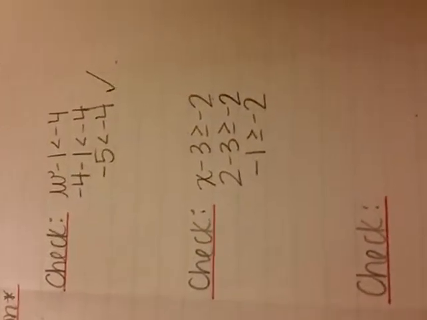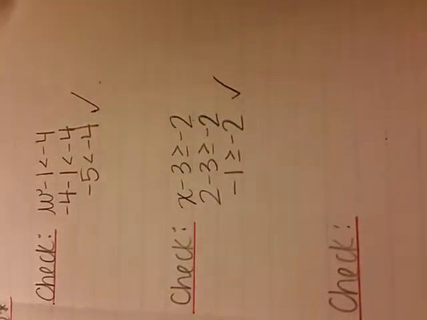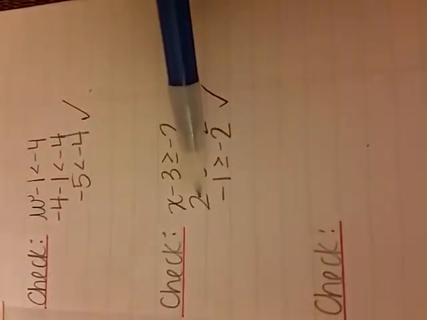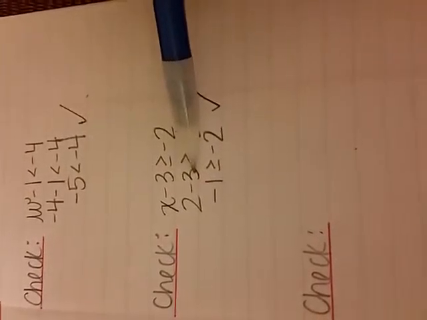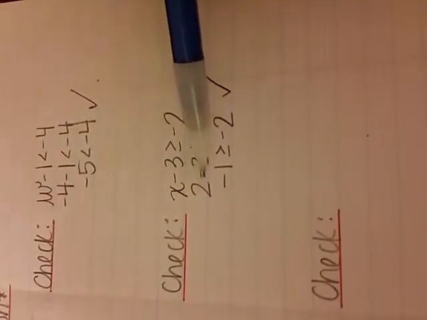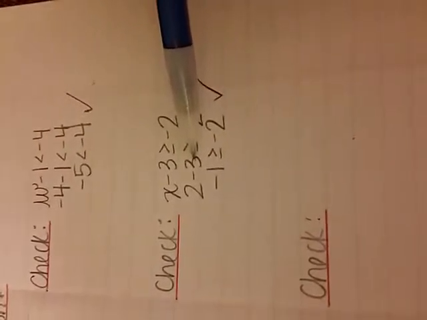And negative 1 is greater than or equal to negative 2. That checks out. Remember that we have 2 integers here, positive 2 and negative 3. Big minus small, keep the sign of the tall. 3 minus 2 is 1. The sign of the taller number was negative.